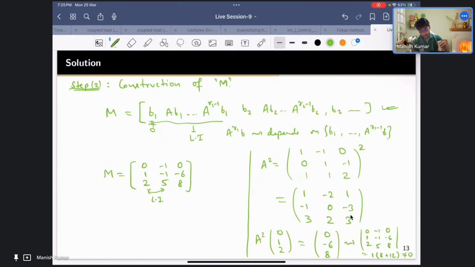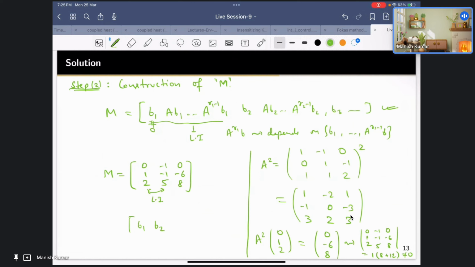Now you have to compute its inverse. Here suppose B1 and AB1 are not linearly independent, then you have to put B2. So first I will put B1. Suppose AB1 is not linearly independent, then I will put B2.